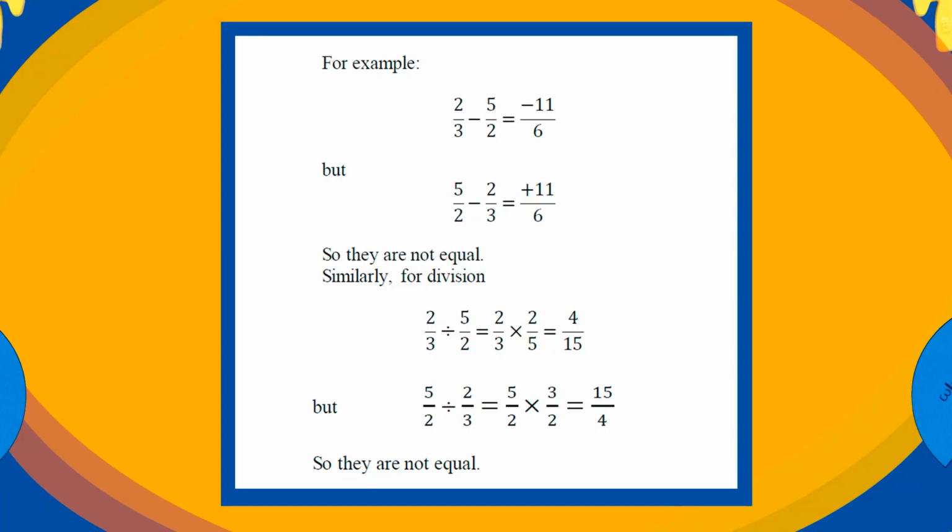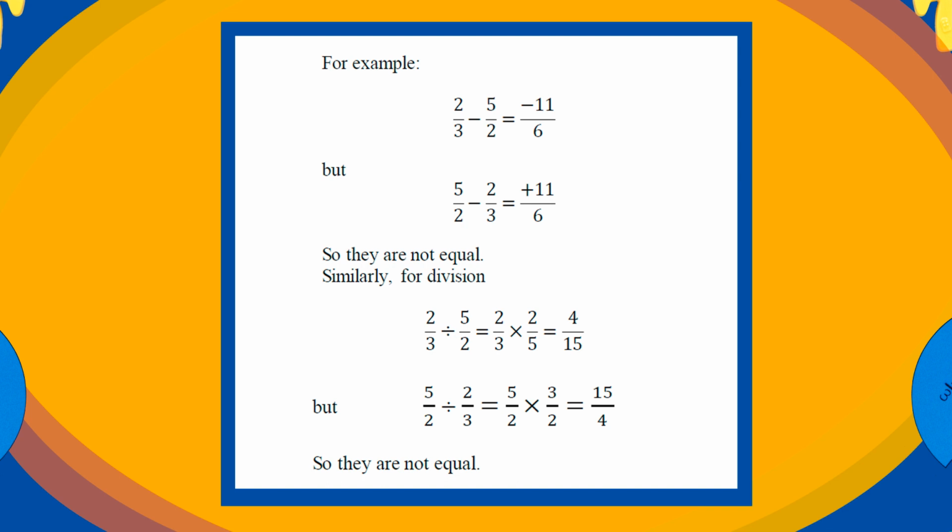2 by 3 minus 5 by 2 is equal to minus 11 by 6, but 5 by 2 minus 2 by 3 is actually equal to plus 11 by 6. Therefore, minus 11 by 6 is not equal to plus 11 by 6, and so they are not equal.